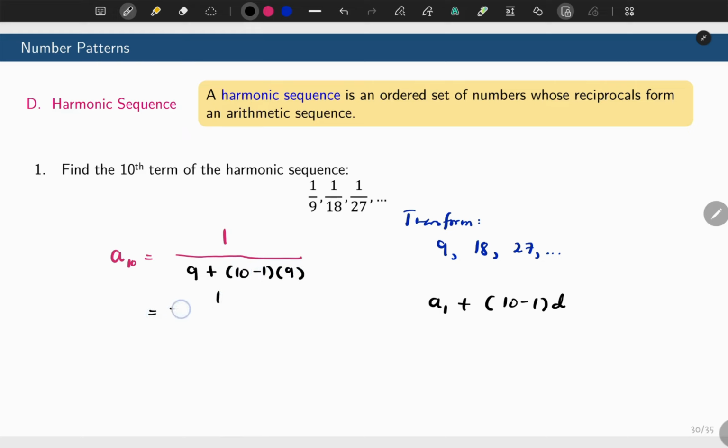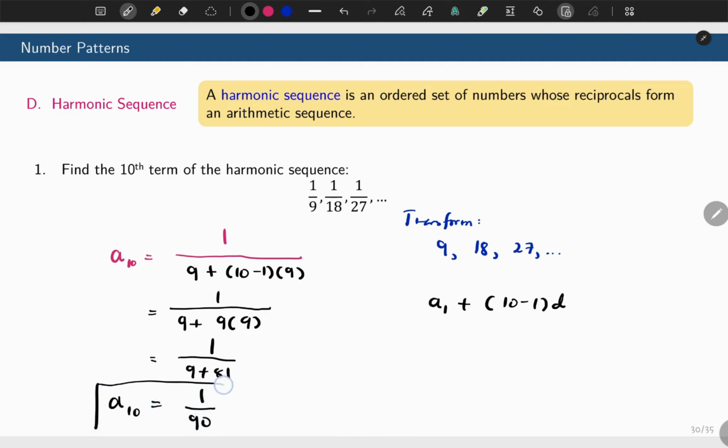Okay, we have here 1 over 9 plus 9 times 9. We have here 9 plus 81. Alright, the 10th term of the harmonic sequence is 1 over 90.